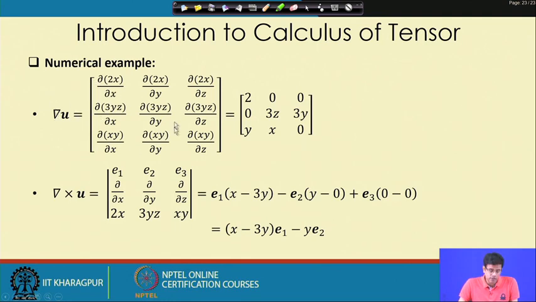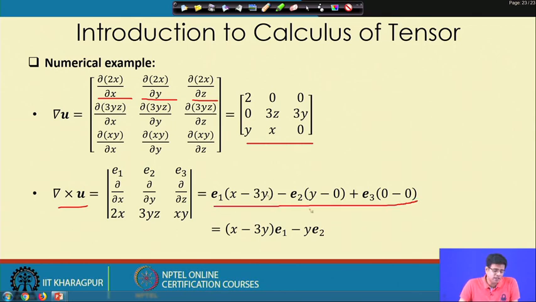For instance, the gradient, as I have told, will increase the dimension of the field variable. That means if I take the gradient of a vector field, it will become a second order tensor. If I take the derivative component wise, it will look like this, right. Curl is again a vector. If I take the determinant, as in the cross product we defined earlier, it becomes this. So, it is a vector.